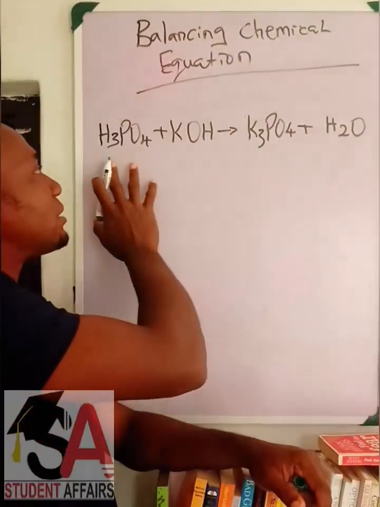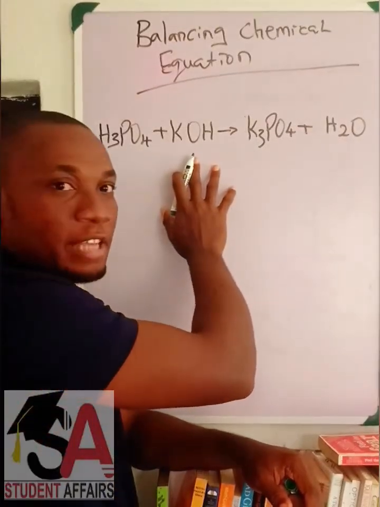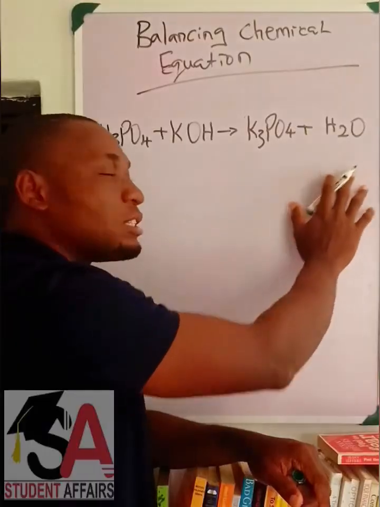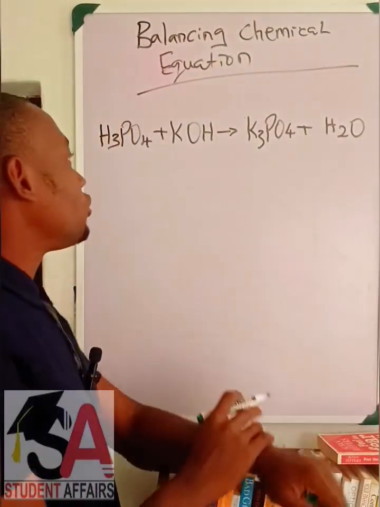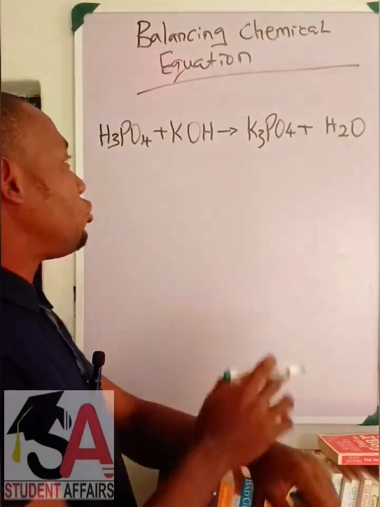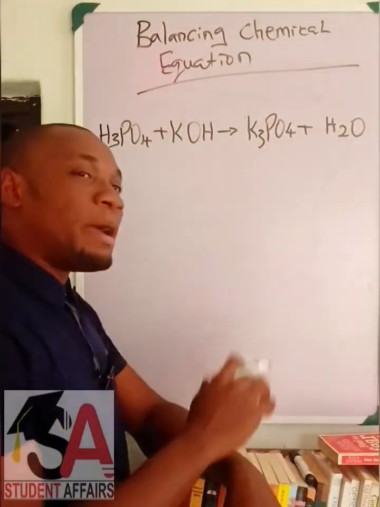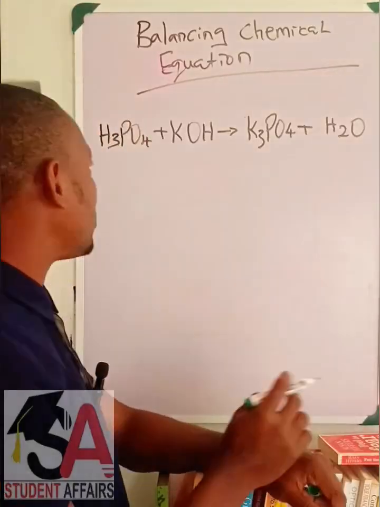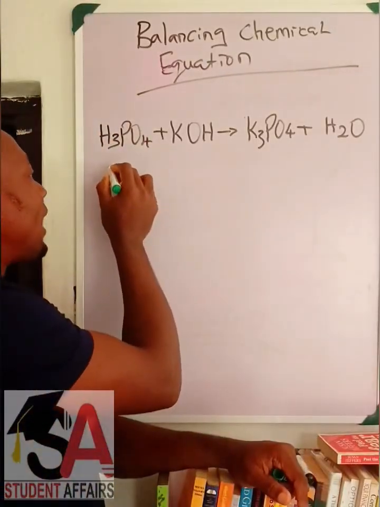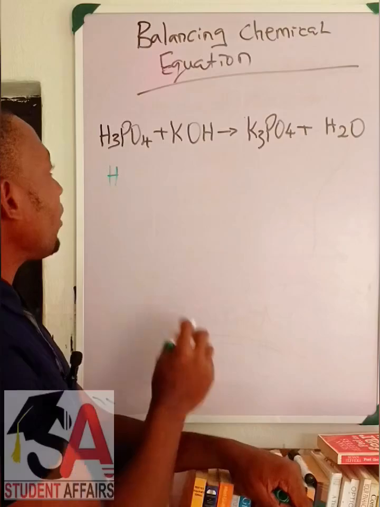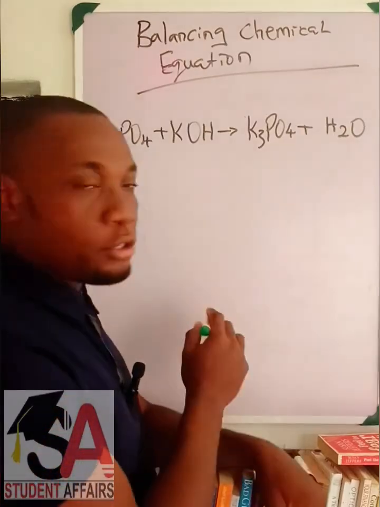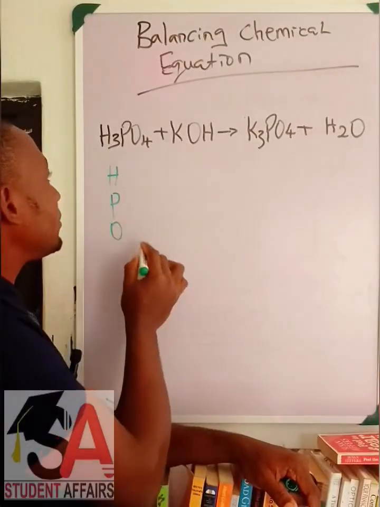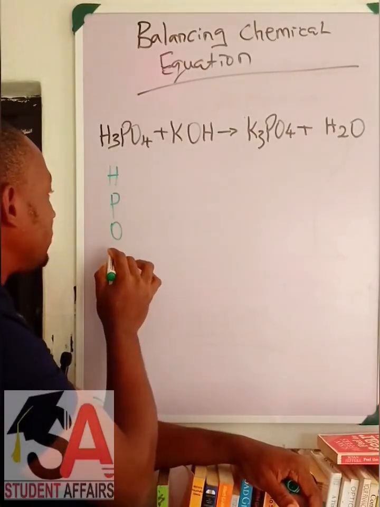So we need to balance the elements in the left hand side to be equal with what is in the right hand side, because no matter will be lost. The first thing you need to do is to consider how many elements appeared in the entire chemical equation. We have hydrogen, phosphorus, oxygen and potassium.